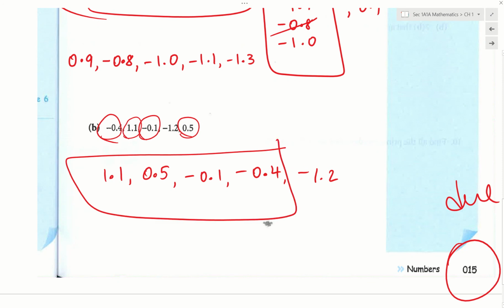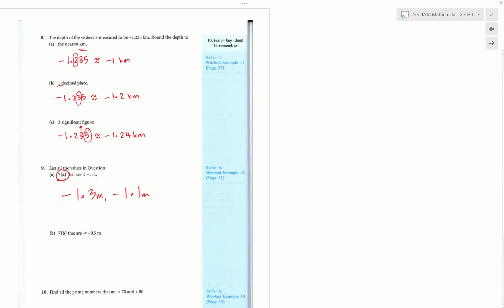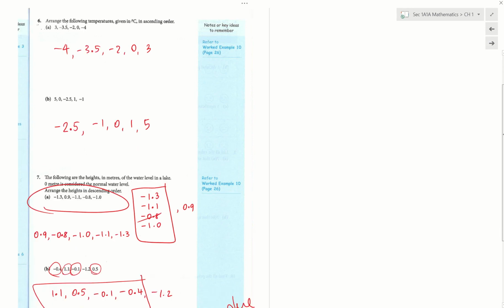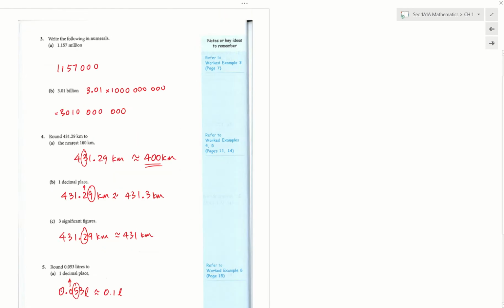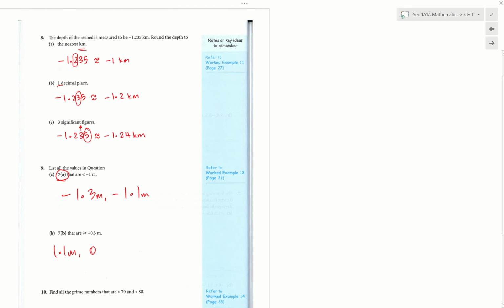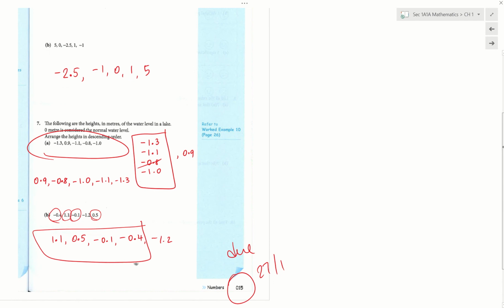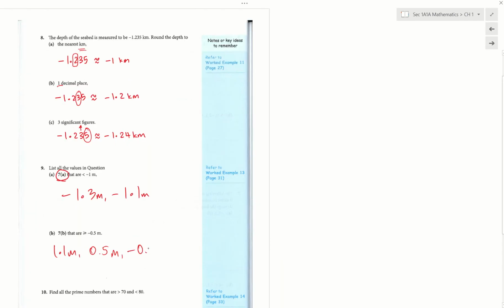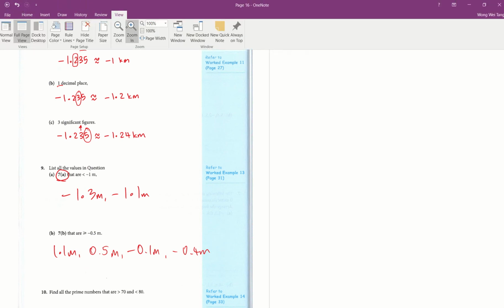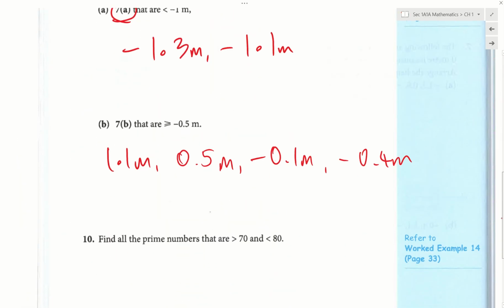Okay, so 1.1, 0.5, negative 0.1, negative 0.4. These are the numbers for our question 9b.